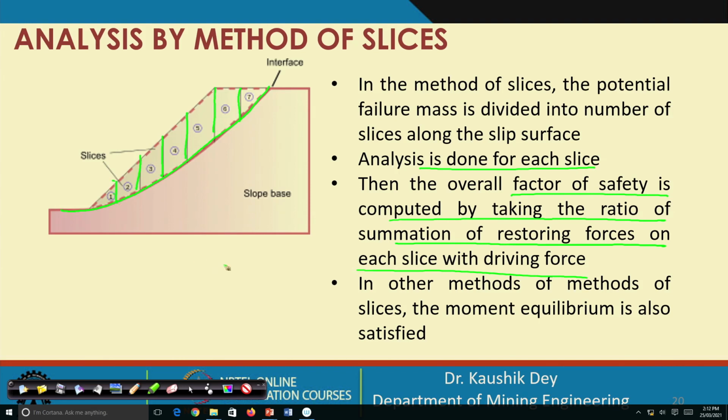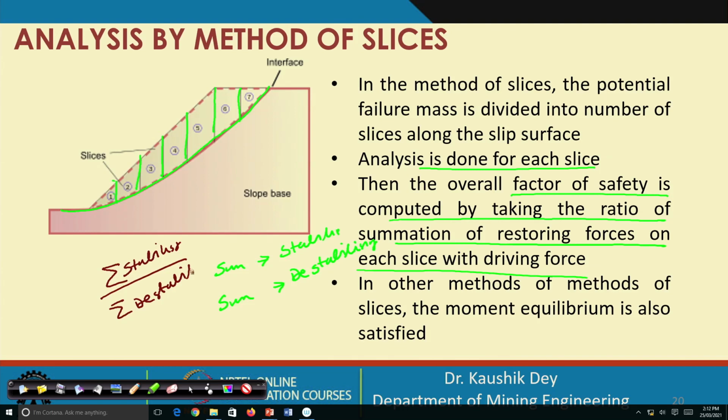So, for each slice the sum of the stabilizing force and the sum of the destabilizing force is considered, and the ratio of overall stabilizing force to overall destabilizing force is the factor of safety.